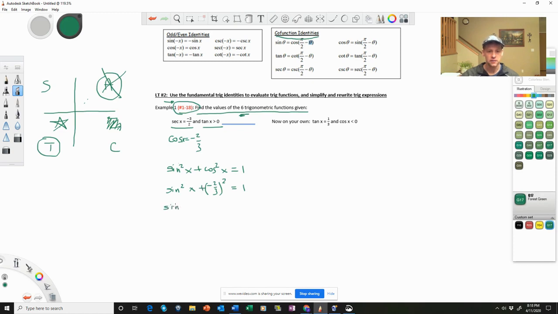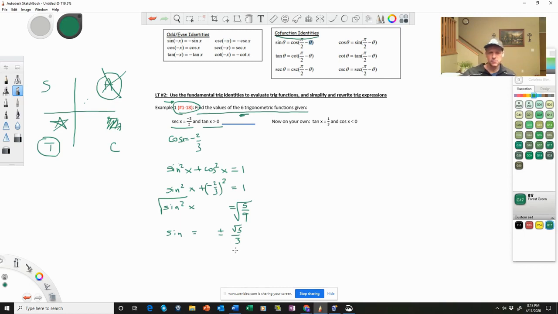Let's square that. That gives you 4/9. Subtracting 4/9 from both sides, I get that the sine squared of x equals 5/9. Taking the square root, I now get that the sine is plus or minus root 5 over 3.